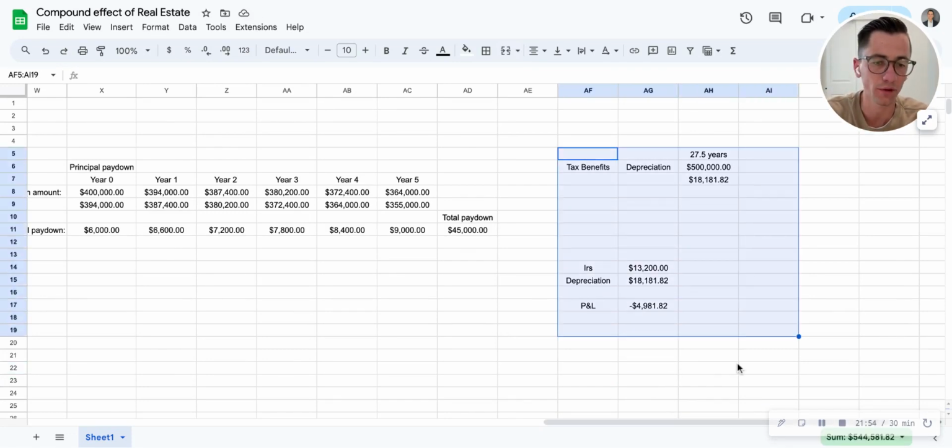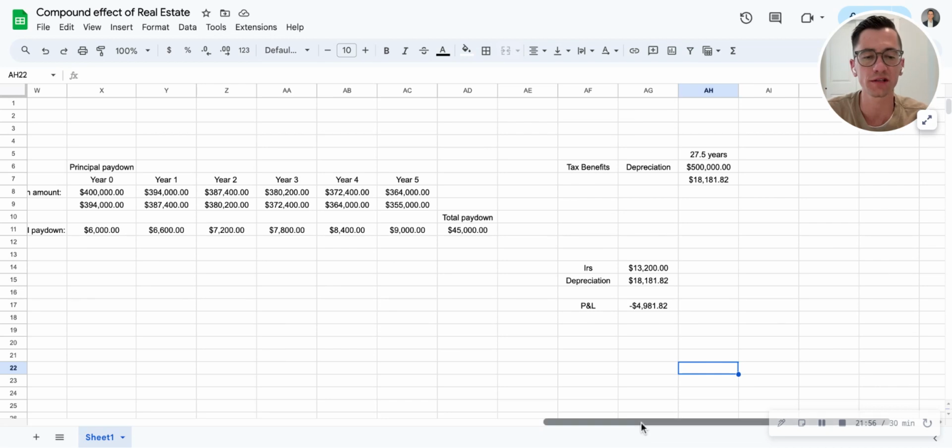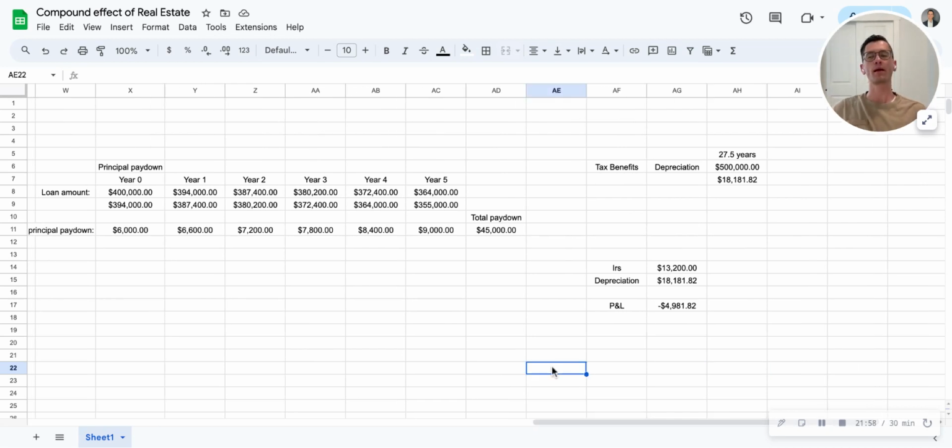So there's the tax benefits breakdown really quick. Even though last year on my property I made like $21,000 in rent, according to the government my property depreciated more than that amount. So I made a negative profit, and I didn't pay a single dollar in taxes on that property, which is amazing.